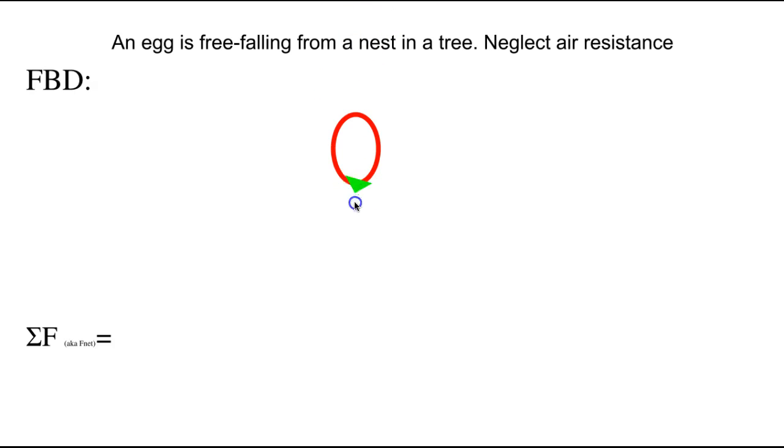That is simply the downward arrow of gravity, right? So this is the force of gravity. So what's the sum of this net force? It's also equal to the force of gravity because it's in free fall and we're neglecting air resistance. Air resistance is friction, so it would slow it down. But since we're neglecting it, I don't draw it in this, so there's only 1 force acting on this egg.